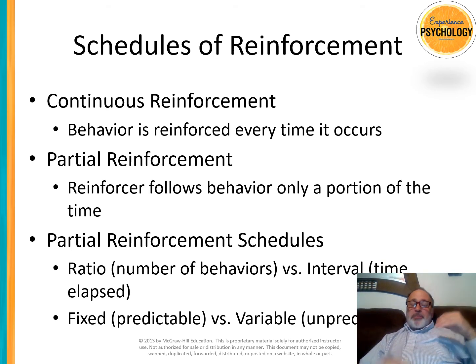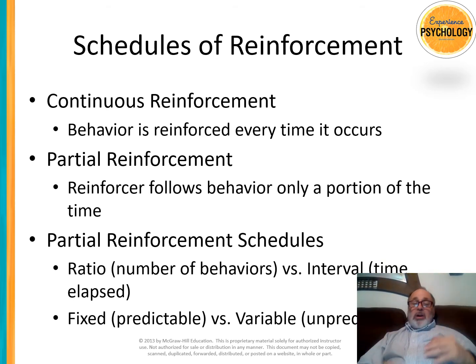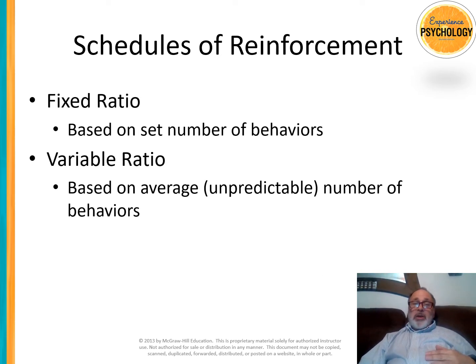So if you want to teach an animal or a child to do a particular behavior, if you use the fixed schedule, they can figure it out, and as soon as you take away the reward, they will stop doing it. With the variable schedule, they will continue doing the behavior for a longer period of time because they don't know when the variable has ended.